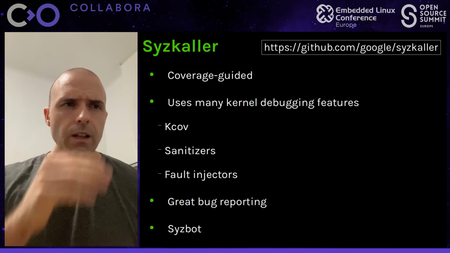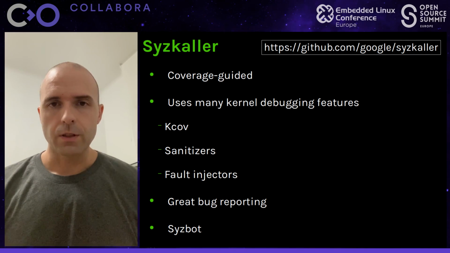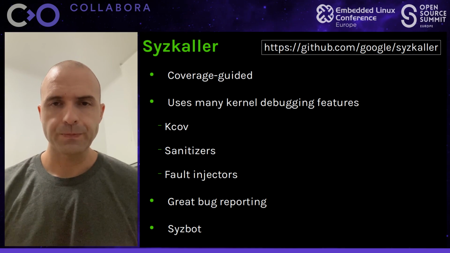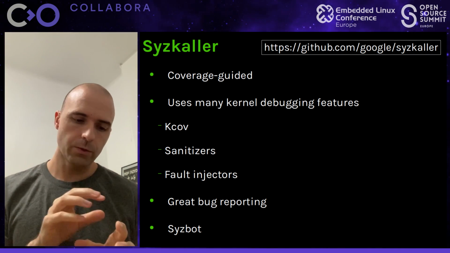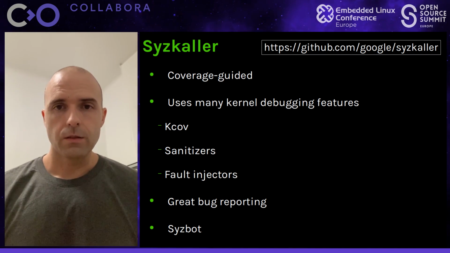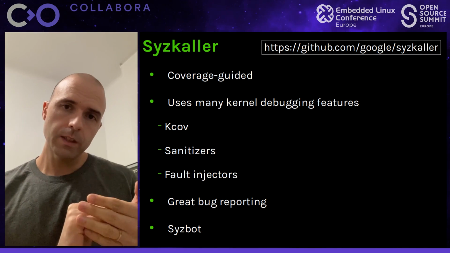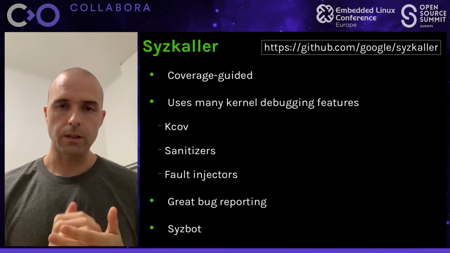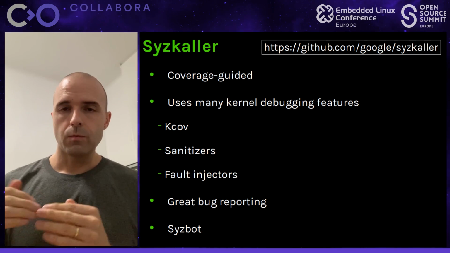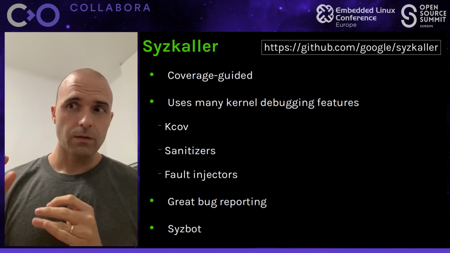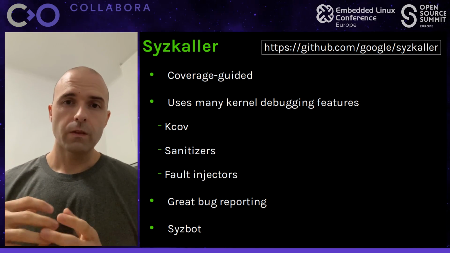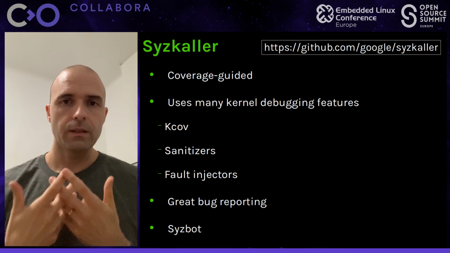Additionally, Syzkaller can also use the kernel fault injectors such as failslab or fail_futex to make the kernel introduce controlled faults during a test. And what Syzkaller does is to selectively enable these fault injectors so that it covers even more code that normally would be executed only when one of these faults happen naturally.